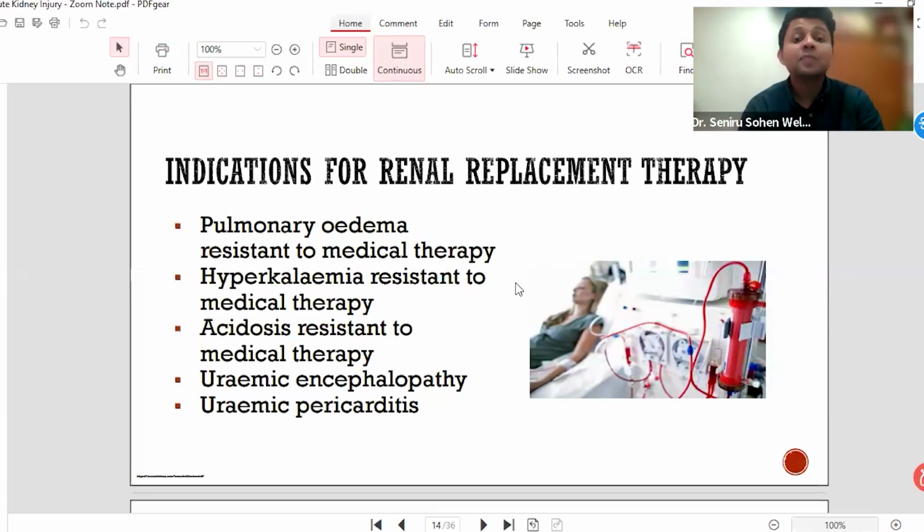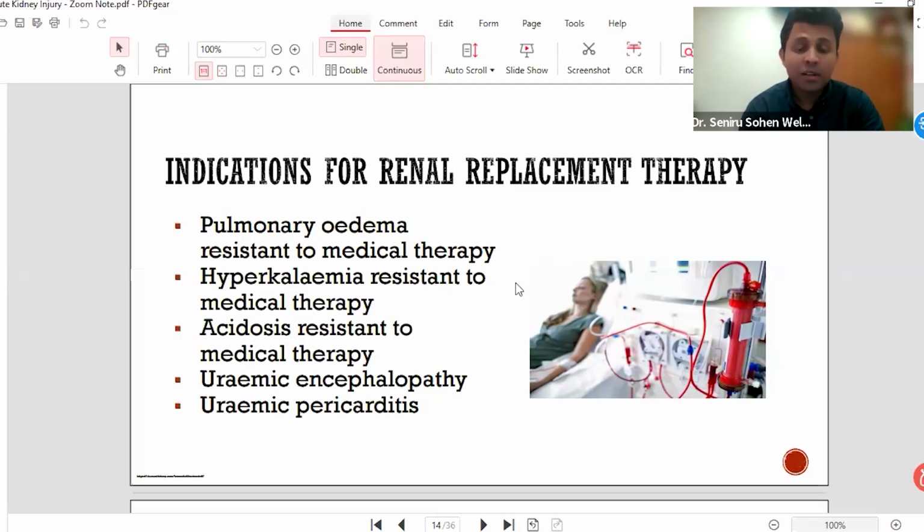Again, correction of the acidosis will help correct the hyperkalemia, and correction of the volume overload with furosemide will also help reduce the acidosis. So all of these first three indications you can try first with medical therapy. Only if persistent, you need to go for renal replacement therapy.